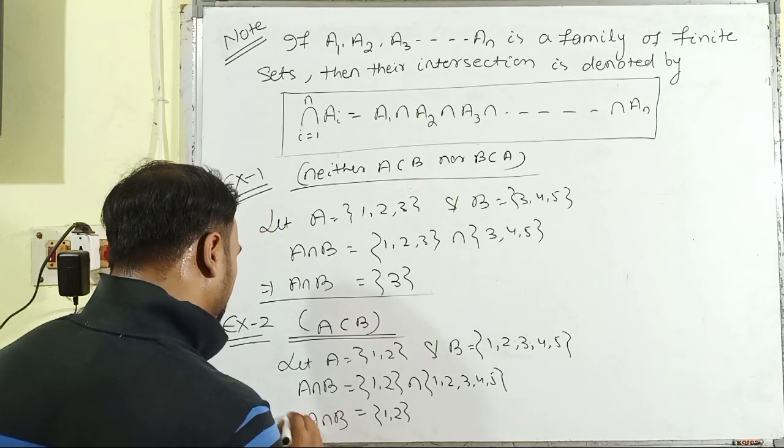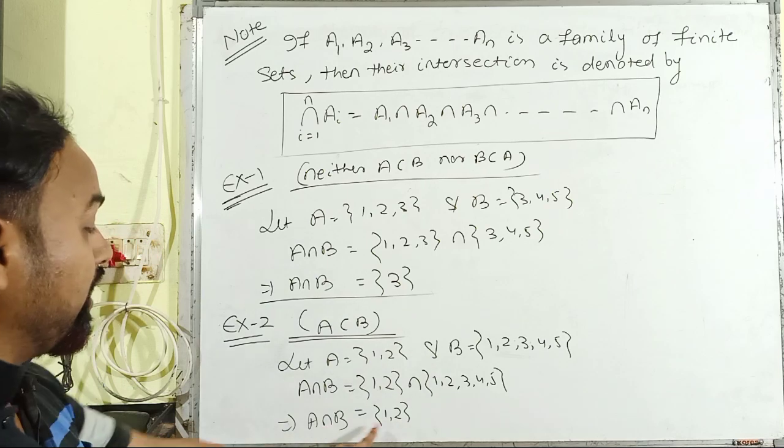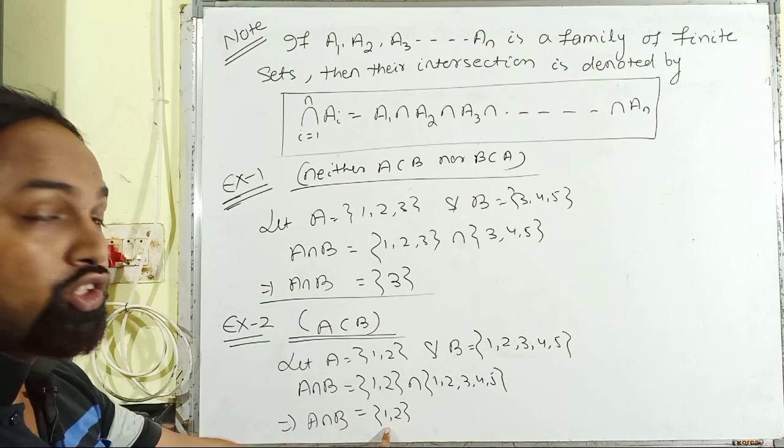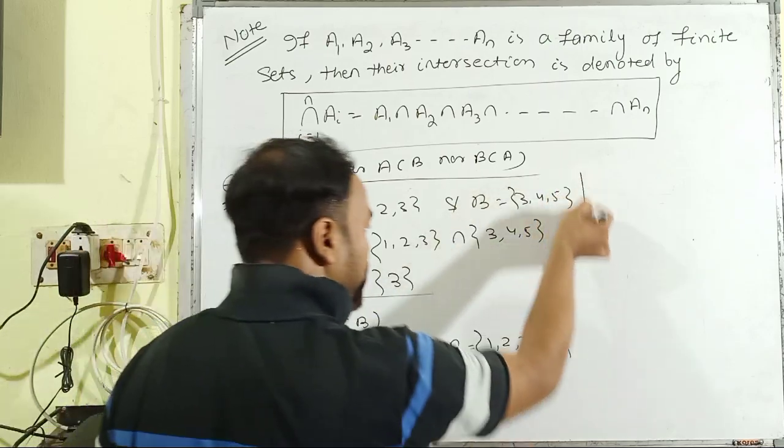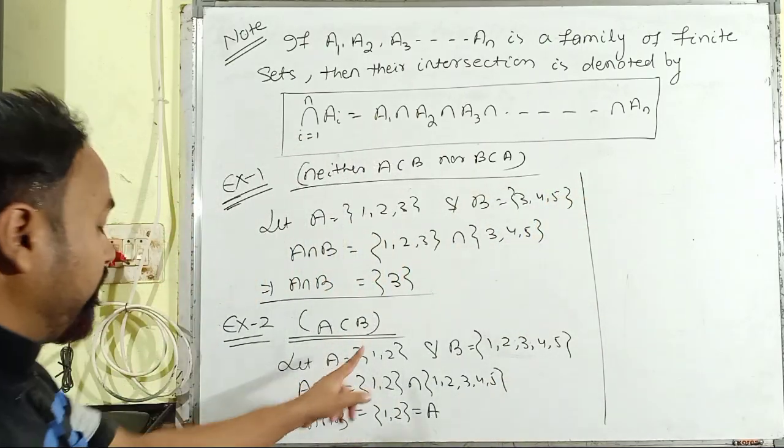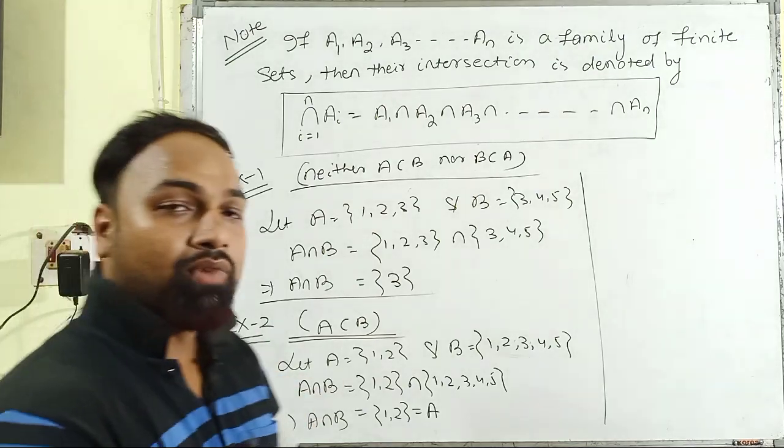So here is the solution: the intersection of A and B is the set containing the elements 1, 2, but that is the set A. We have already discussed A subset of B in Venn diagram number 2.